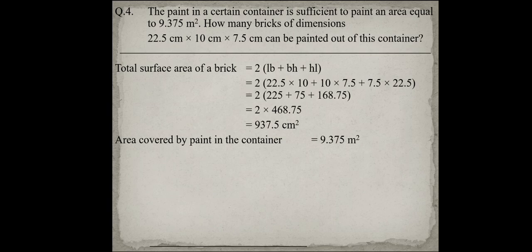Now, 1 meter equals 100 centimeter. So whenever you are changing the unit of area, you need to multiply 2 times or divide 2 times by that unit. Like 1 meter equals 100 centimeter, it means here you will multiply by 100 two times, because 1 meter square equals 100 square centimeter.